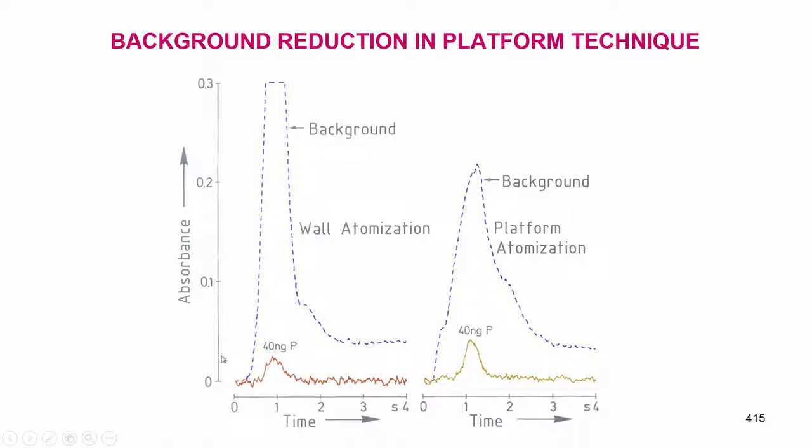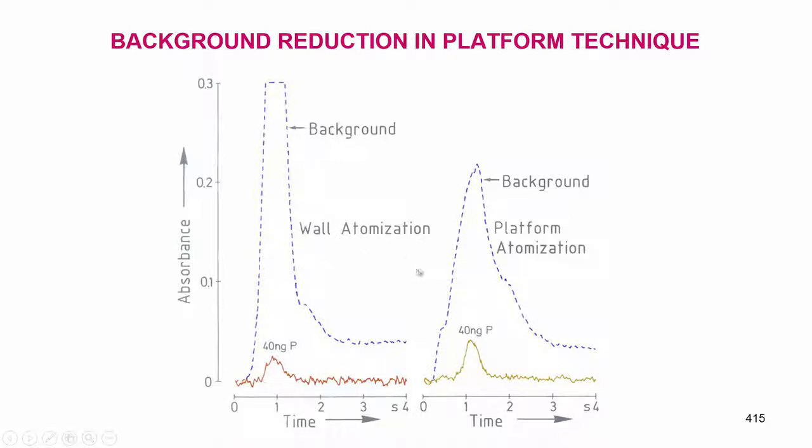For 0.01 absorbance, the background is 0.3. So the sample plus background is 0.31, and out of 0.31 I am subtracting the 0.3 background absorbance. This occurs due to background and wall atomization.